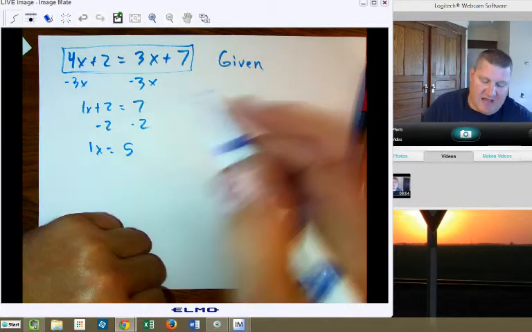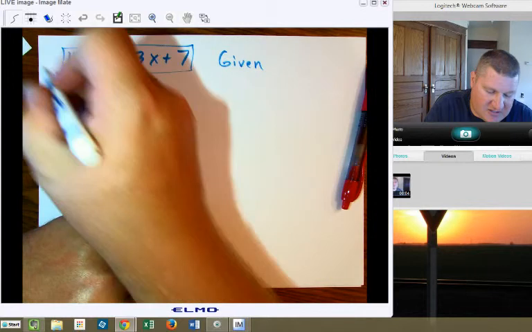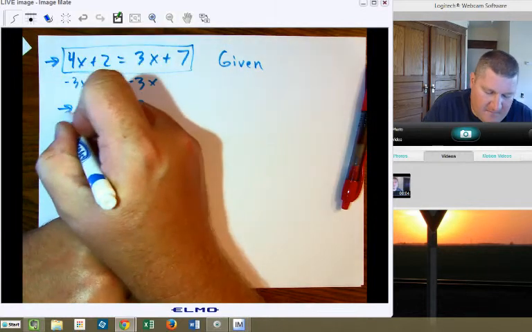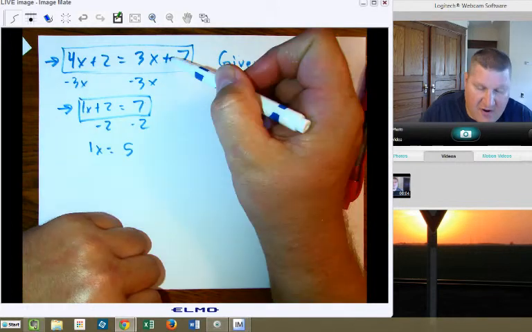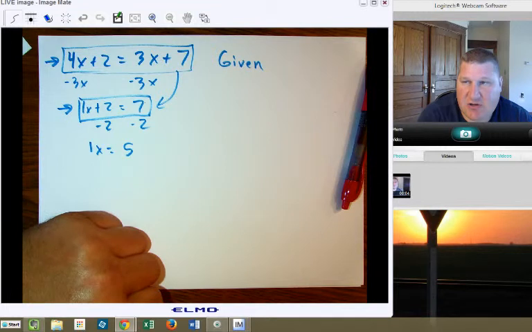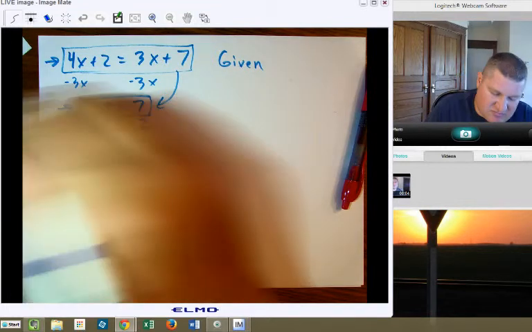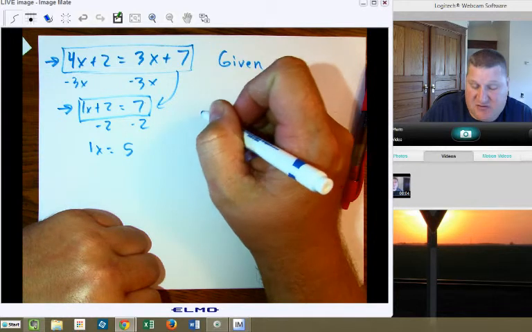Now, the next step is not this step. This is just my work. The next step I actually have is from here to here. So the question becomes, how did I go from here to here? The step that I took was subtraction. I subtracted 3x from both sides. But we need to give it a bit more of an official name.